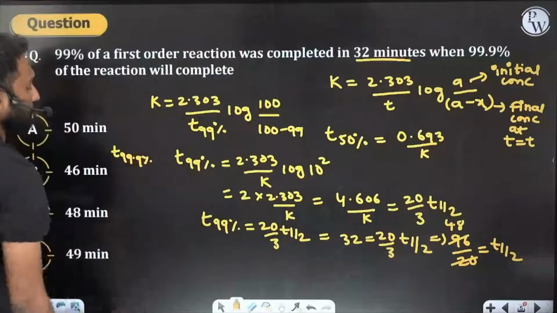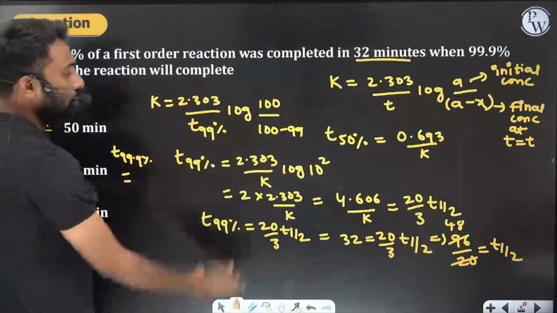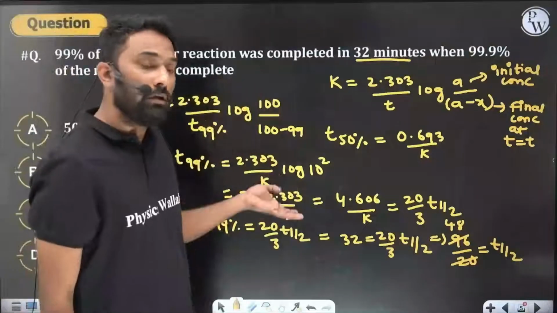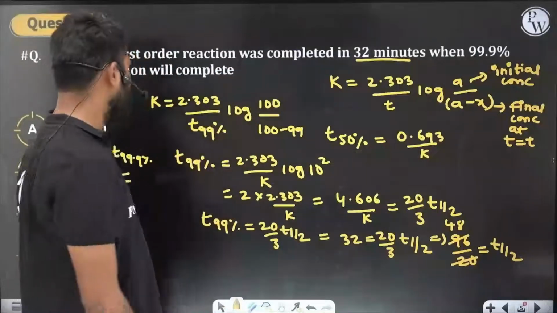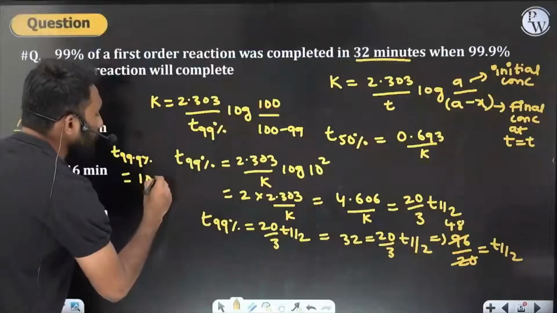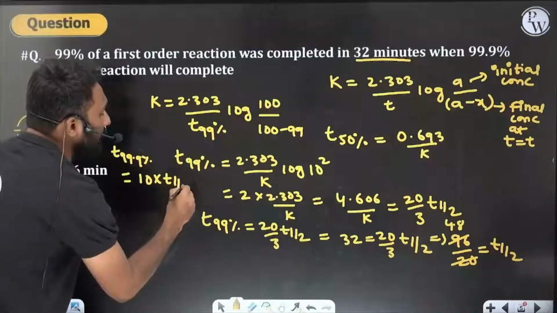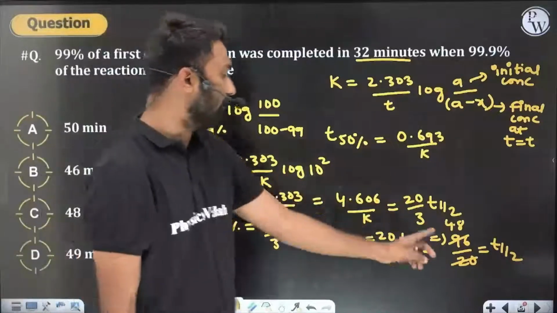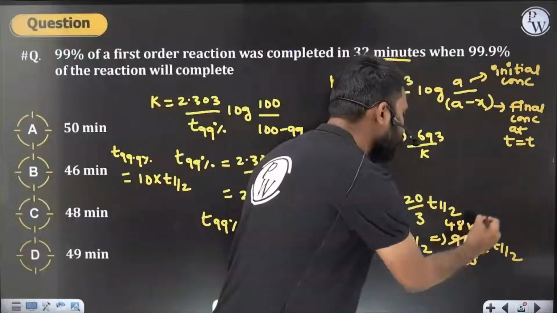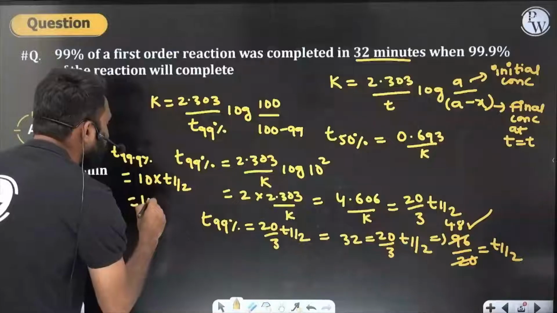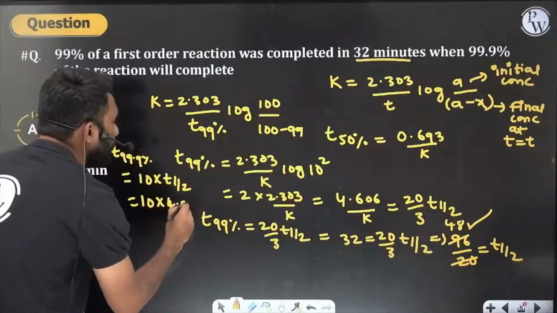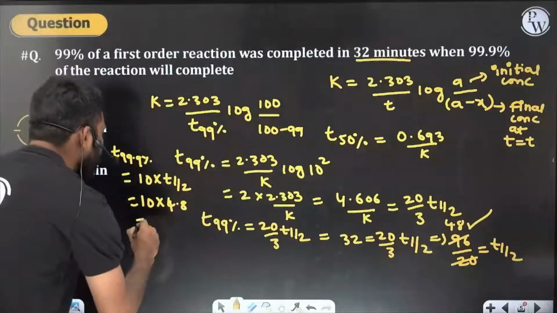If you do the same derivation for the T99%, we'll get 10 into T of. Now T of we already got here, how much? 4.8. 10 into 4.8, if you take, then how much will it become?